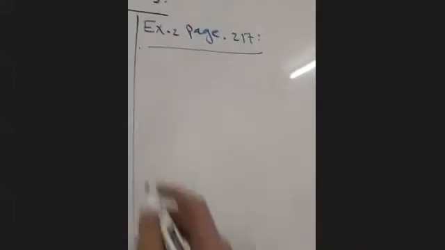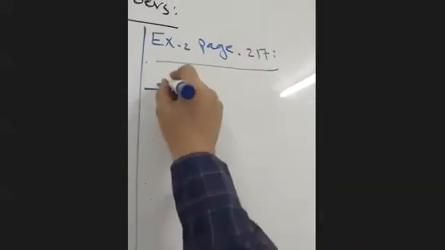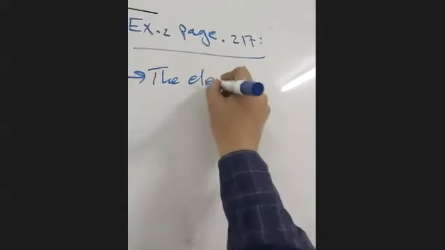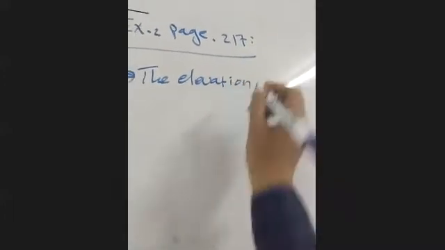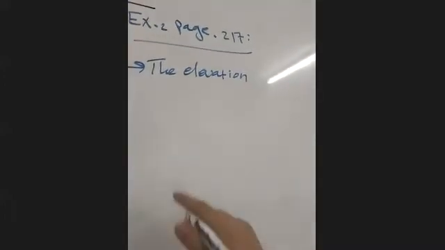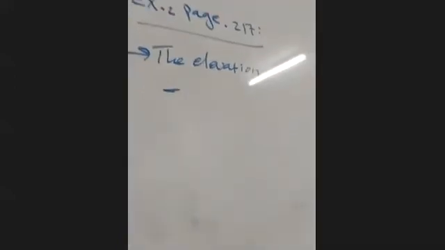The lowest point in a certain cave has an elevation of -53.4 meters. So the elevation, guys, look at the board. The elevation of the lowest point in this cave is negative.